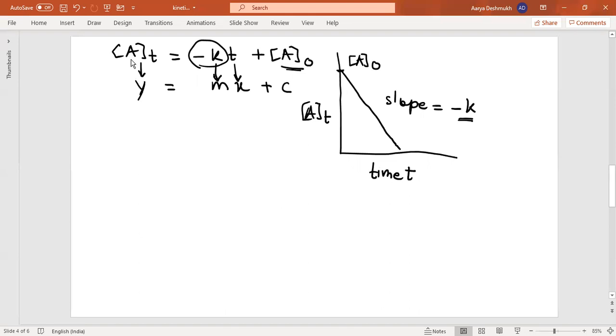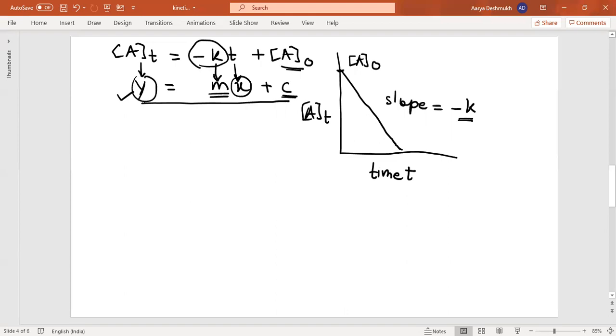You should always remember this type of graph for the zero order reaction. Applying this equation to the straight line equation, you can easily point out what is taken on the y-axis, what is taken on the x-axis, what the slope is, and what the intercept is. This is another way to represent the integrated rate law equation for the zero order reaction.